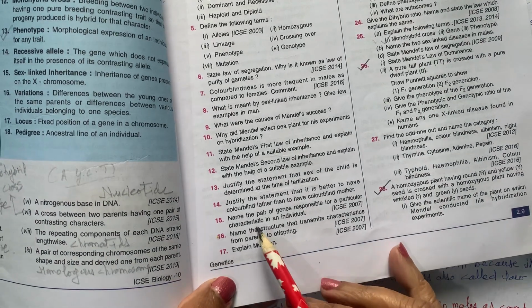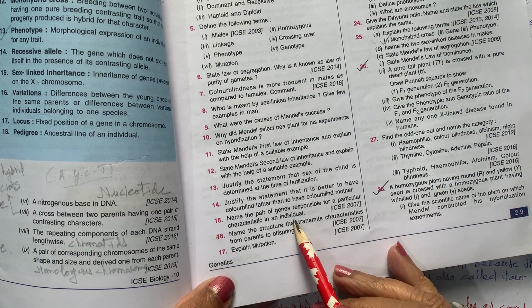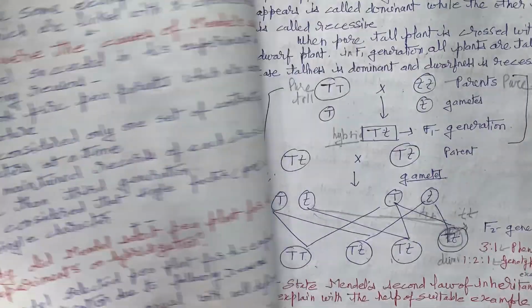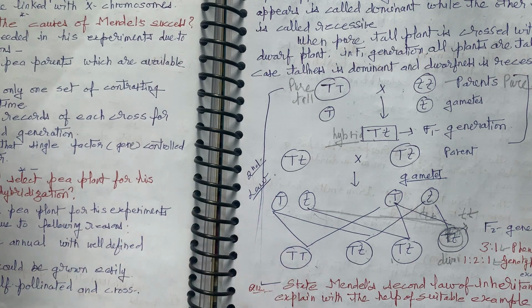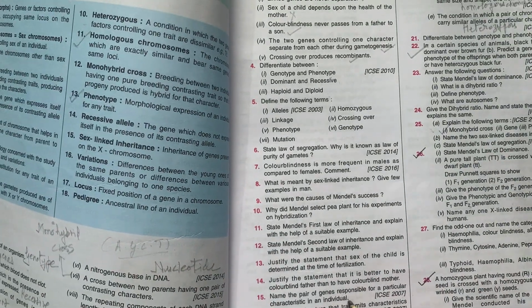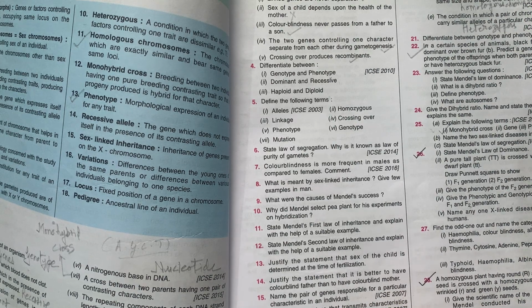Name the pair of genes responsible for a particular characteristic in an individual. The pair of genes are known as the alleles responsible for characteristics in an individual.